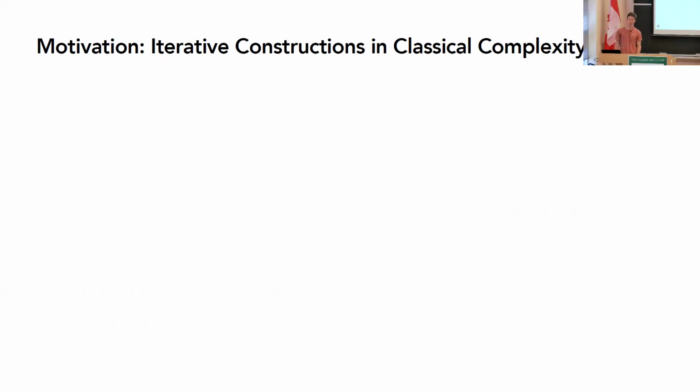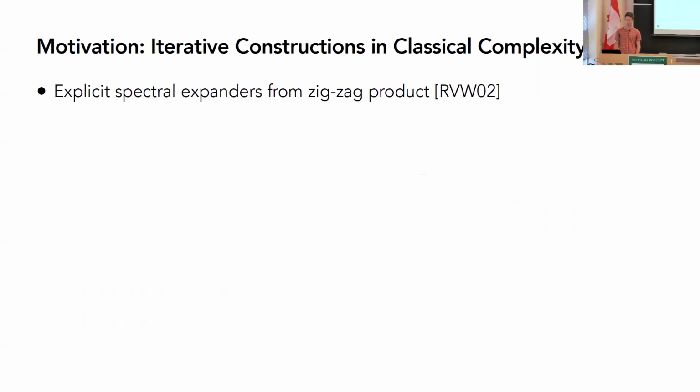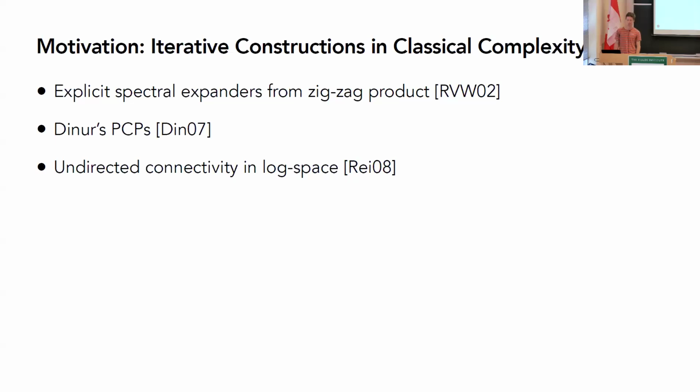I guess the motivation really comes from the success of iterative constructions in classical complexity theory and coding theory. One of the early examples of this was the construction of explicit spectral expanders from the zigzag product in 2002. And then there's also Dinur's proof of the PCP theorem, Reingold's proof that undirected s-t connectivity is in log space.